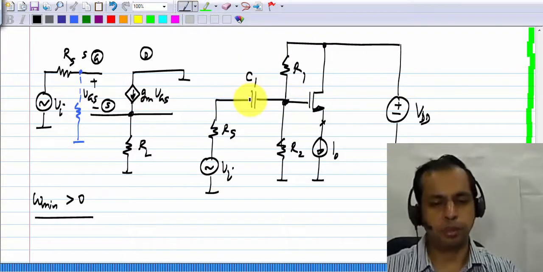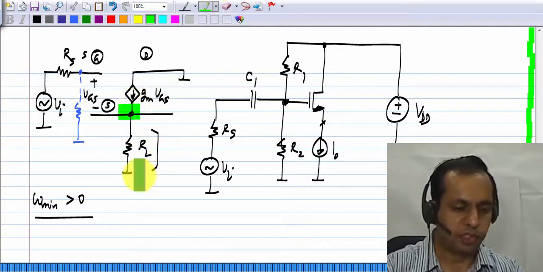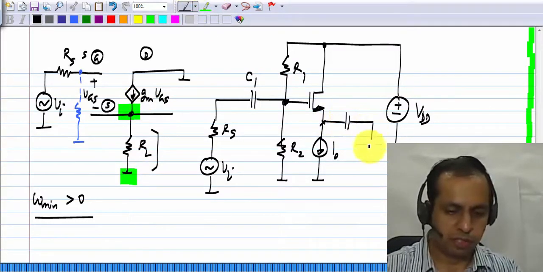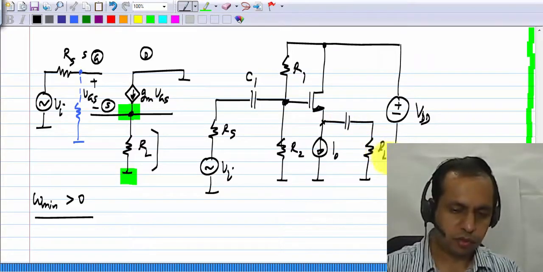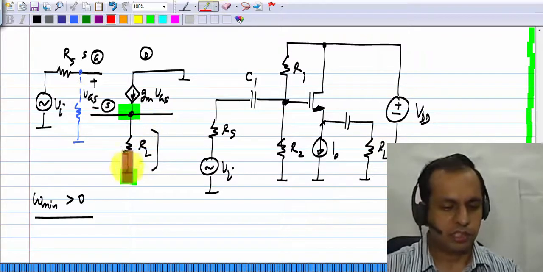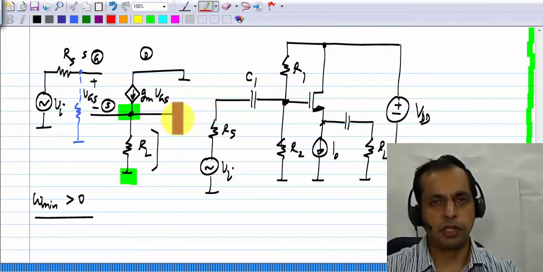So I do this, and this picture now must look very familiar to you. And how do I connect the load? The load must appear between the source terminal and the ground. So I AC couple it. Because first of all, this is not just a resistance, as I have repeatedly emphasized, it's just a representation of what comes later.